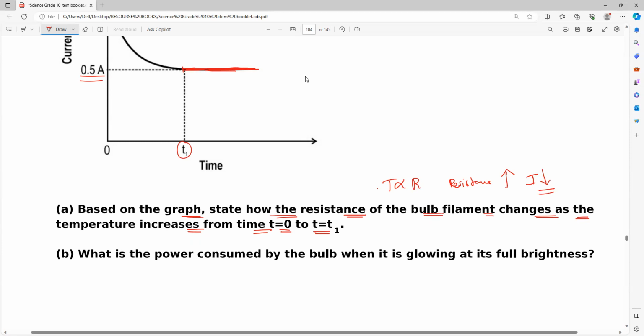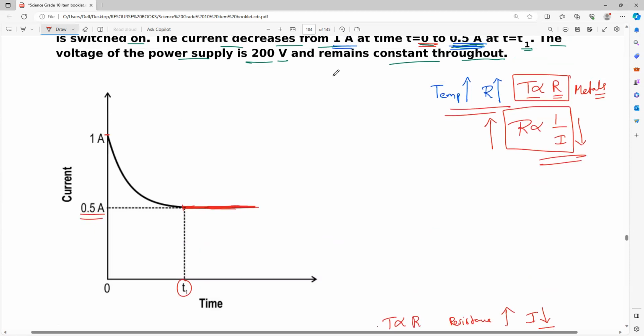That's all, guys. Next: what is the power consumed by the bulb when it is glowing at its full brightness? Where is the full brightness? At what current will it have full brightness?